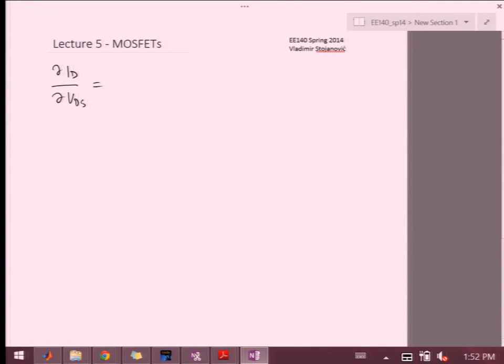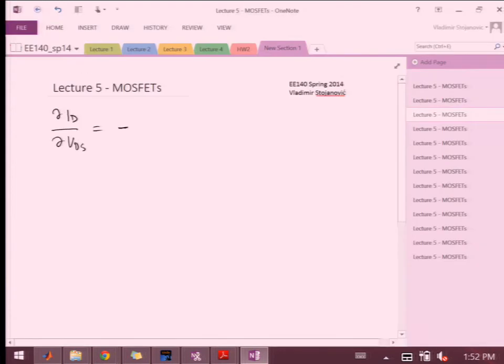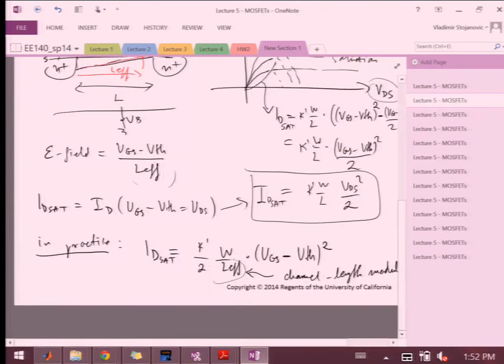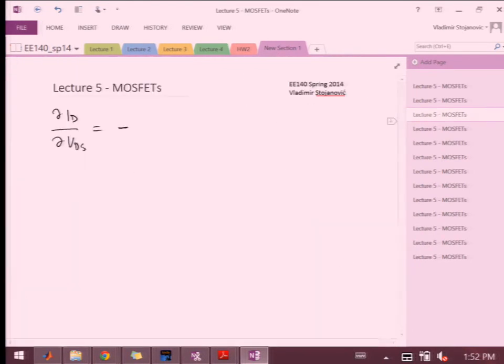And so if I look at the previous formula that we had over here, the only thing that really could potentially depend on VDS is this L effective, right? And so we're going to figure out how that is.